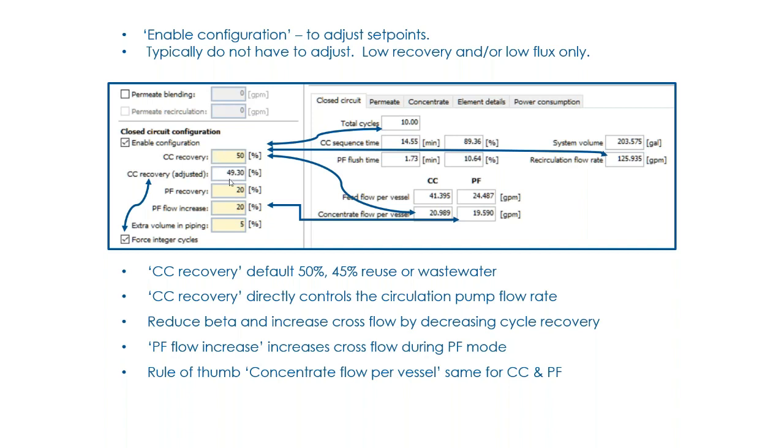So when you click on that, the one thing you'll notice is the default cycle recovery is 50%, but below that says 49.3. So what we've done is we round the total cycles by adjusting the cycle recovery.